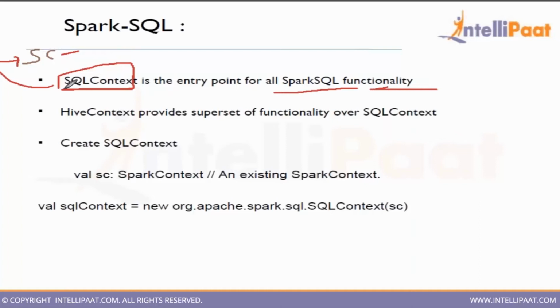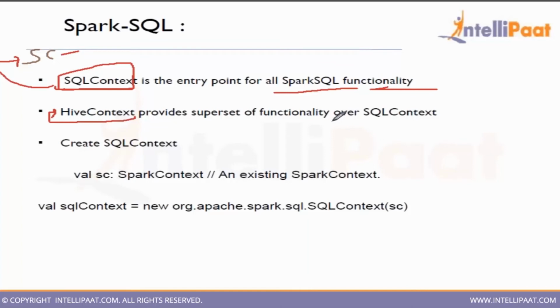Now, on top of the SQL context, there are other contexts available, like if you want to use Spark SQL with Hive, you will create Hive context for that, so that you can run Hive queries directly from your Spark, right?